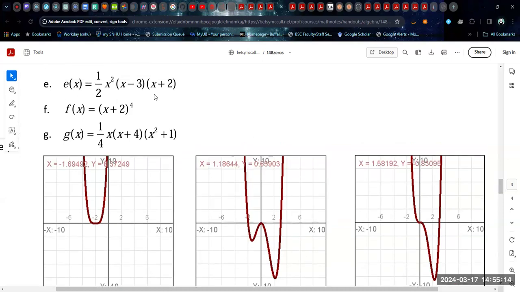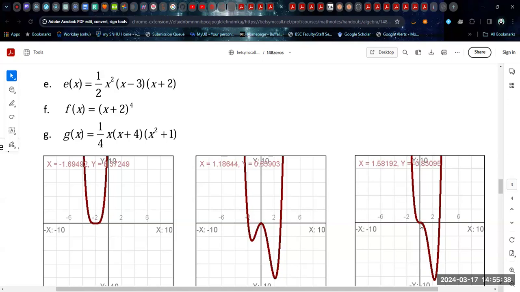And the one that has a repeated 0 at 0 is this graph right here. Again, these are all positive leading coefficients. And so they all go off to positive infinity for large values of x. But we have our -2, 0. This is our repeated zero at 0. And then this is our 3.